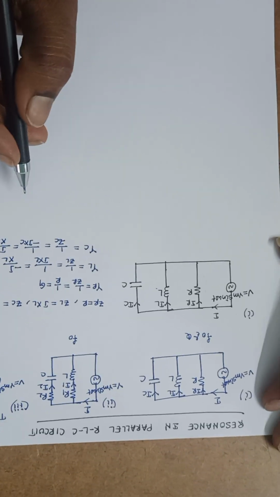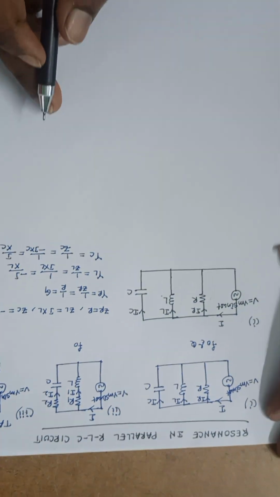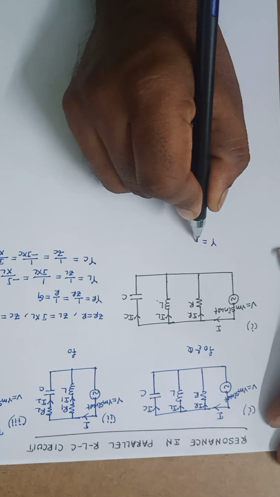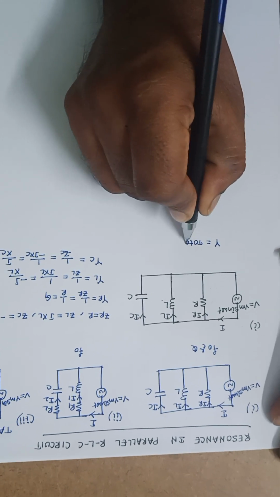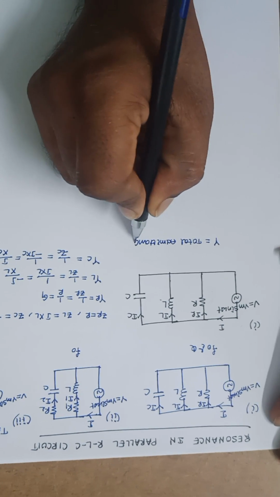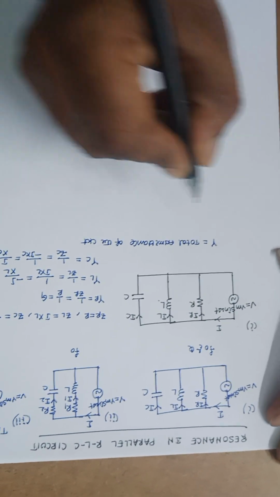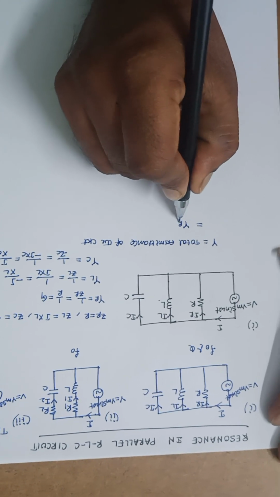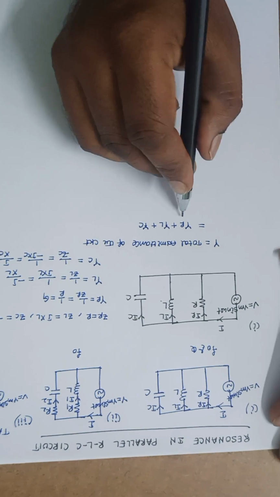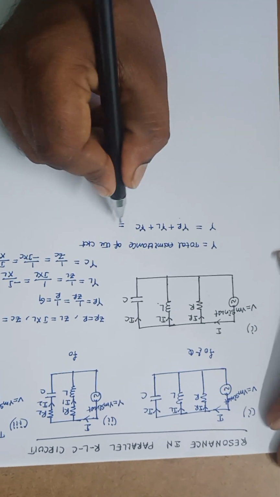Now if you find the equivalent admittance of this total circuit, Y is the total admittance of the circuit, that is equal to YR plus YL plus YC, just by adding all the admittances of each element. So what is this YR?